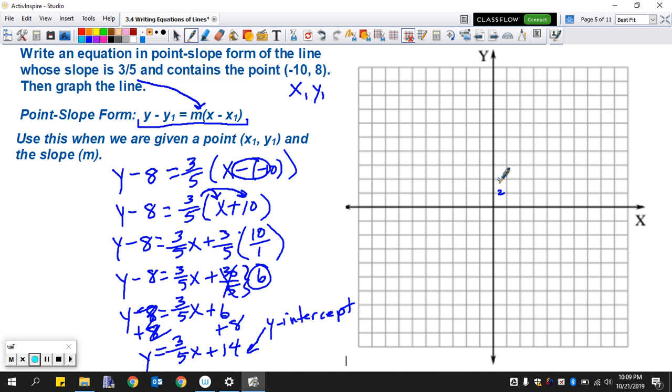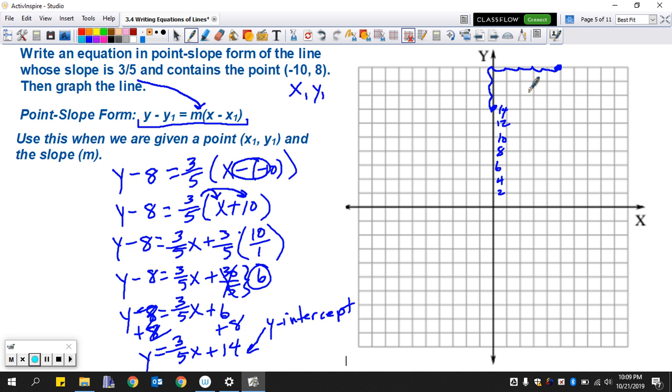So 2, 4, 6, 8, 10, 12, 14. So 14 right there is our y-intercept. And then our slope is 3/5. Because the slope is a ratio, we can count up 3, 1, 2, 3, and over 5. 1, 2, 3, 4, 5.